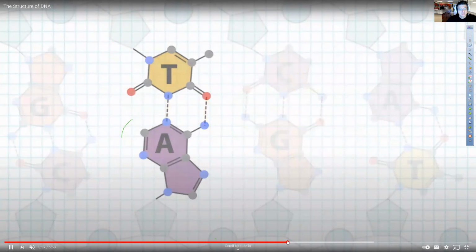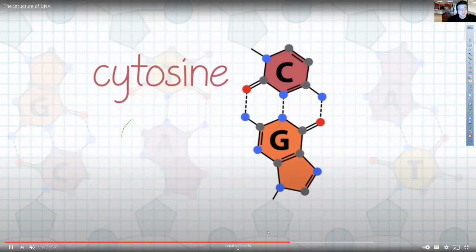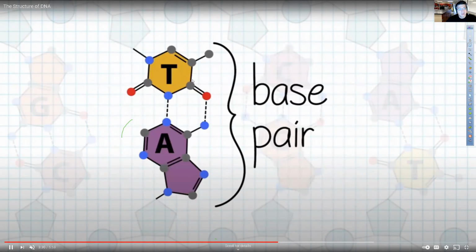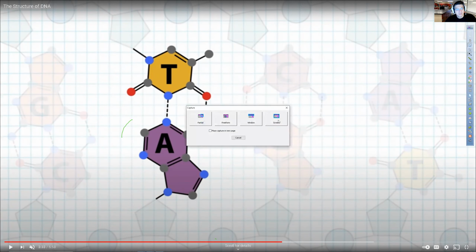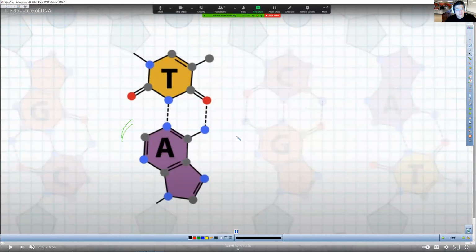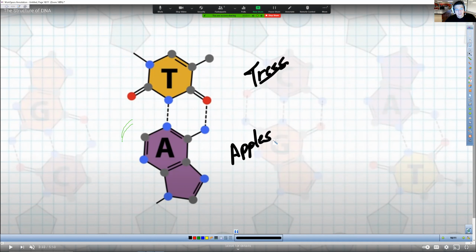All right. And so now here what it's showing you is, okay, thymine always pairs with adenine. This is how I remember it. I always think of apples on trees, right? Adenine always pairs up with thymine.